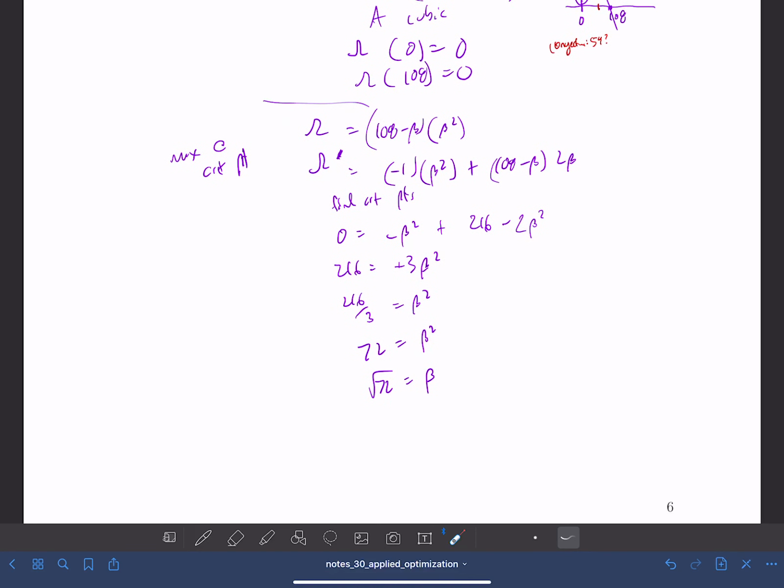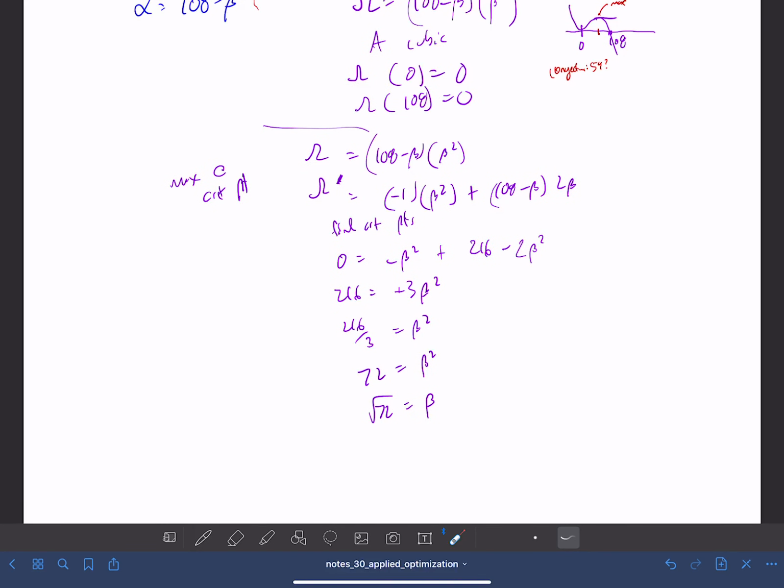Anyways, if that's what beta is, then alpha equals 108 minus root 72. And I am out of effort to find out what that number actually is.